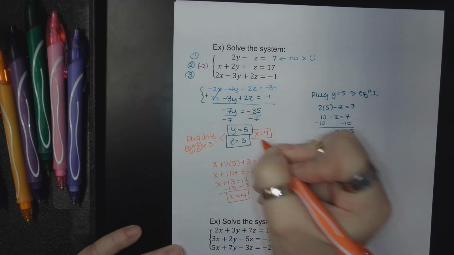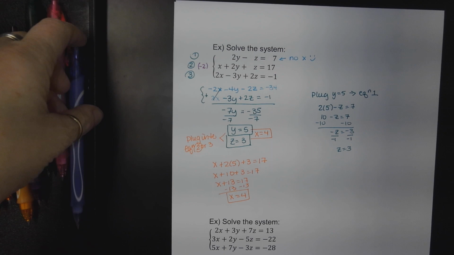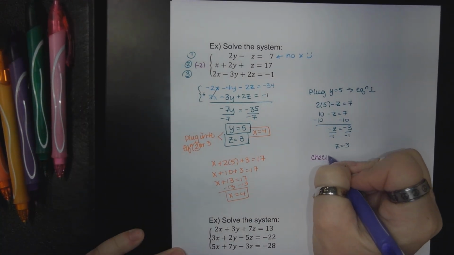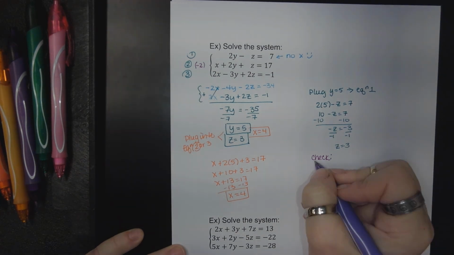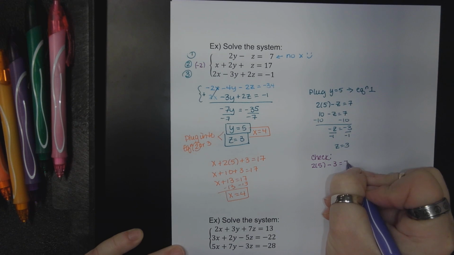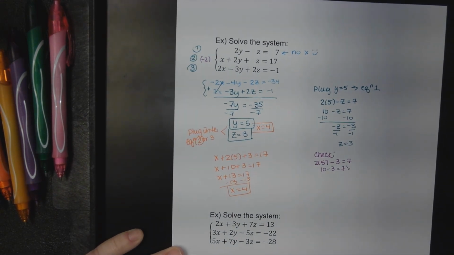That way we have them all written in one place, easy to see, so that we could check it pretty simply. So now let's check. So 2 times 5 minus 3 equals 7. Well, 10 minus 3, yes.